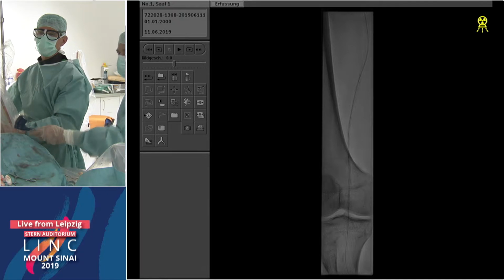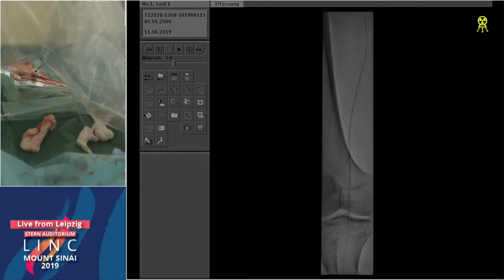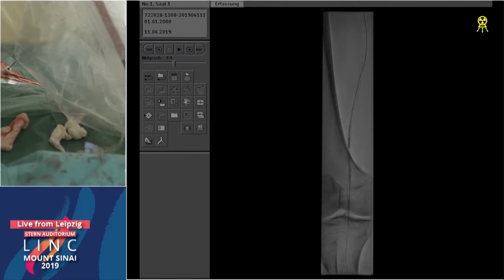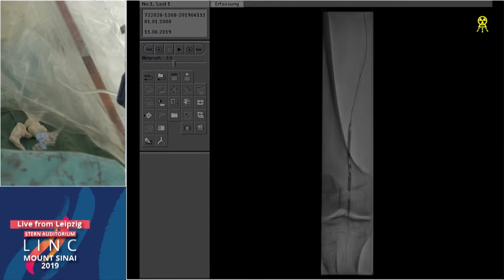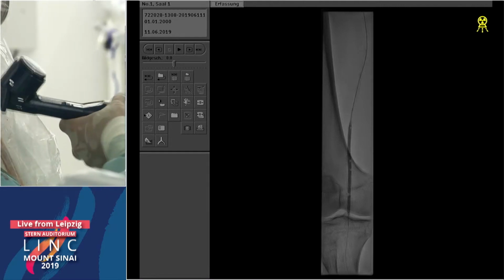I think there are probably significant differences in the reimbursement system. We are essentially paid on the DRG system, so we have fixed amounts for certain groups of procedures.